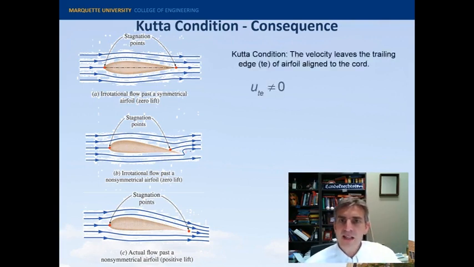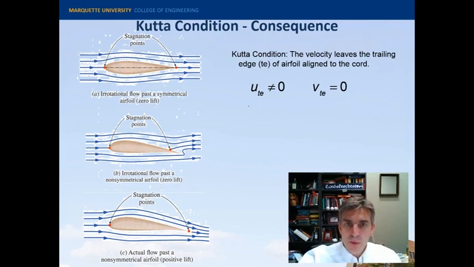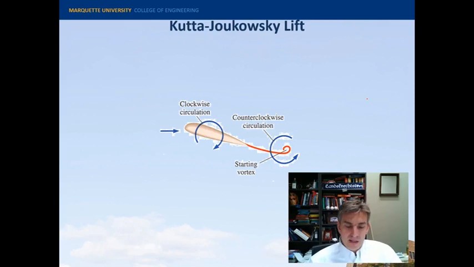So the Kutta condition means that the velocity leaves the trailing edge, TE, of the airfoil aligned to the chord direction. So the velocity in the streamwise direction, in this case U, is not 0, whereas in the cross-stream direction at the trailing edge, it should be 0. So that's the basics of the Kutta condition.